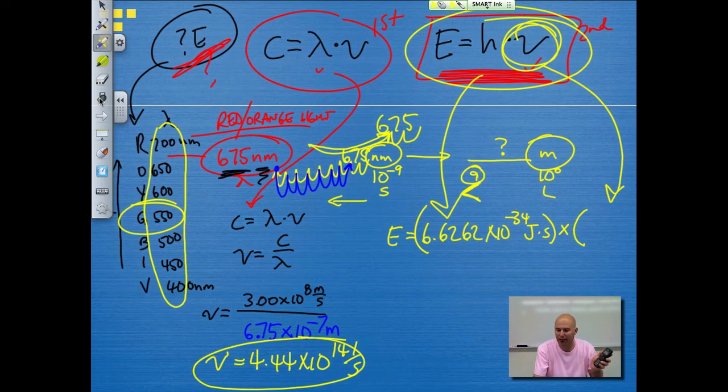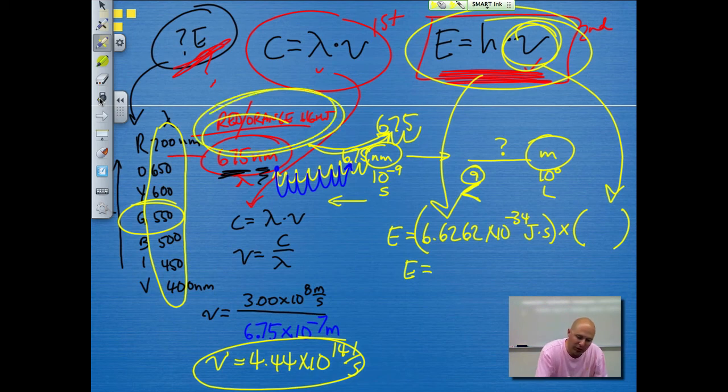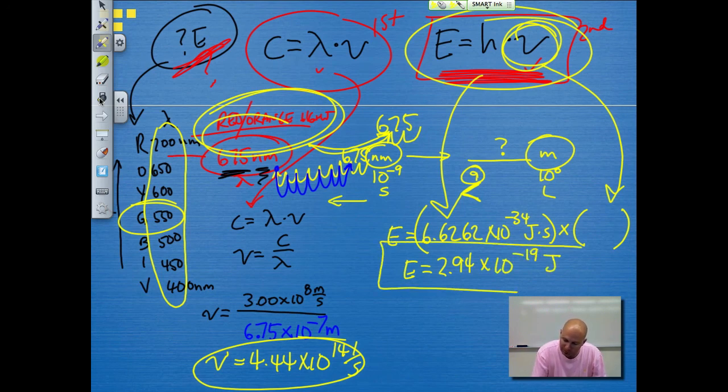I'm not going to write it again, I'm running out of room. So times 6.6262 EE negative 34th. Solve it. The energy associated with a red-orange light is 2.94 times 10 to the negative 19th joules. And there would be my answer. It's a lot of work on there, a lot of crossing out and stuff, but that's how we would use that.